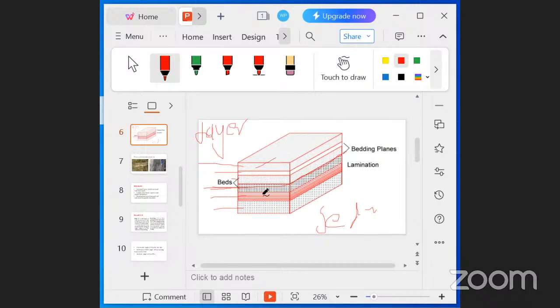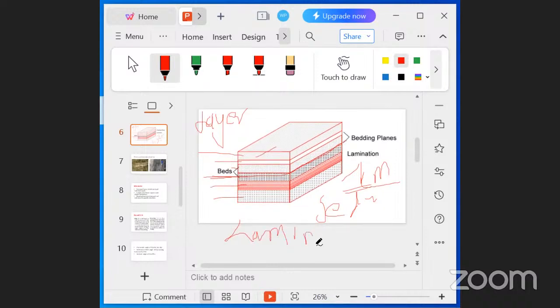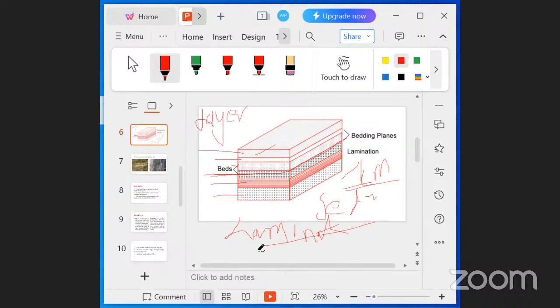If the individual layers are less than 1 centimeter in thickness, they are called lamination. So a layer of less than 1 centimeter thickness is called lamination.